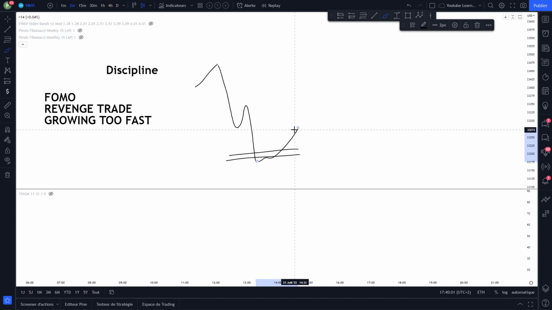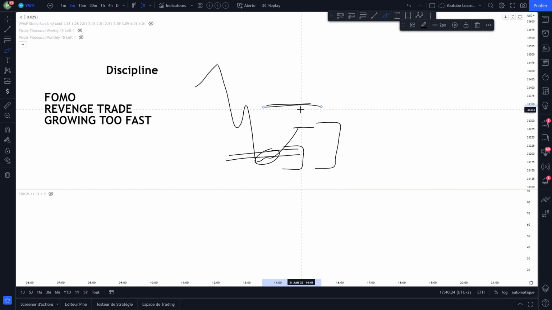So maybe you think, oh shit, I missed the opportunity, so you enter at this point instead of here, which means you will have a really large stop loss when you should have had this kind of stop loss. So you will maybe aim for this position, so you would have maybe a 0.5 risk reward, which is really bad, and you could have had a 2-for-1 risk reward.